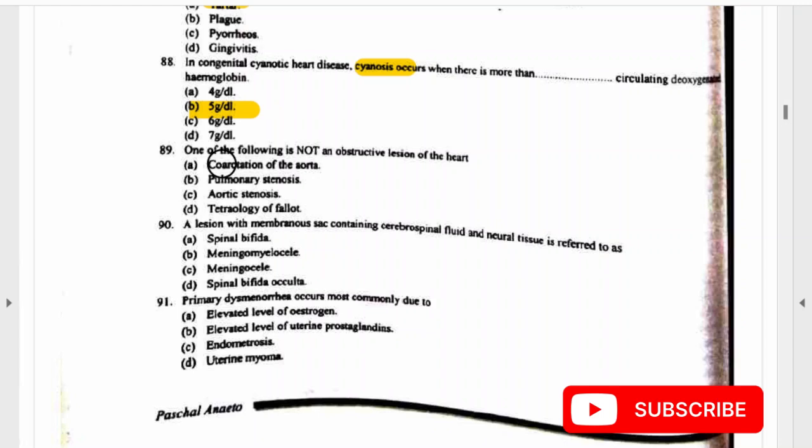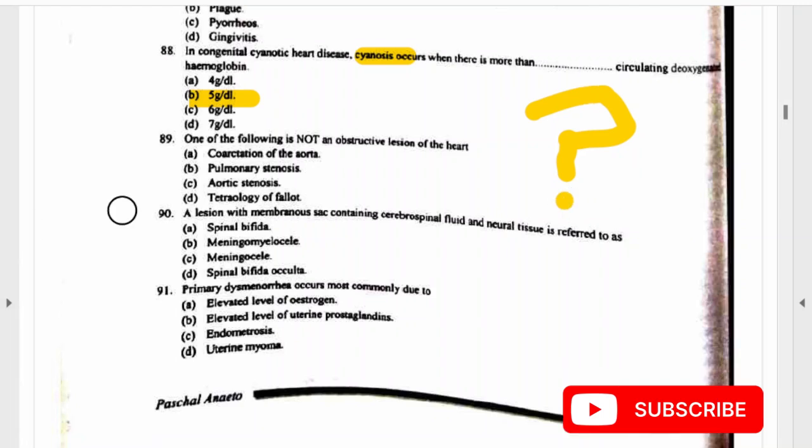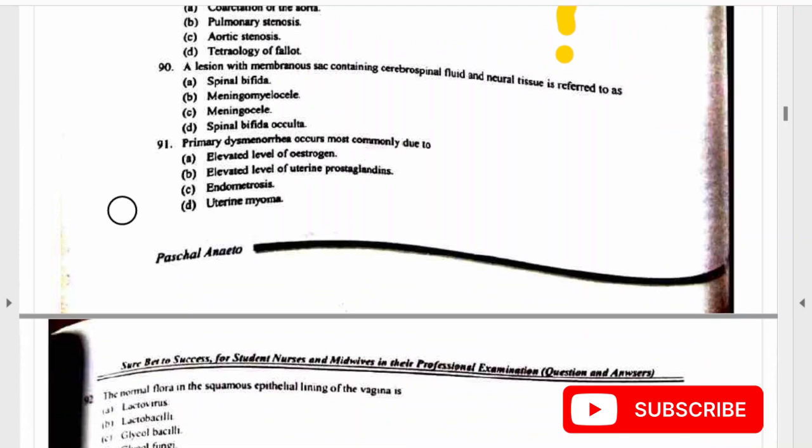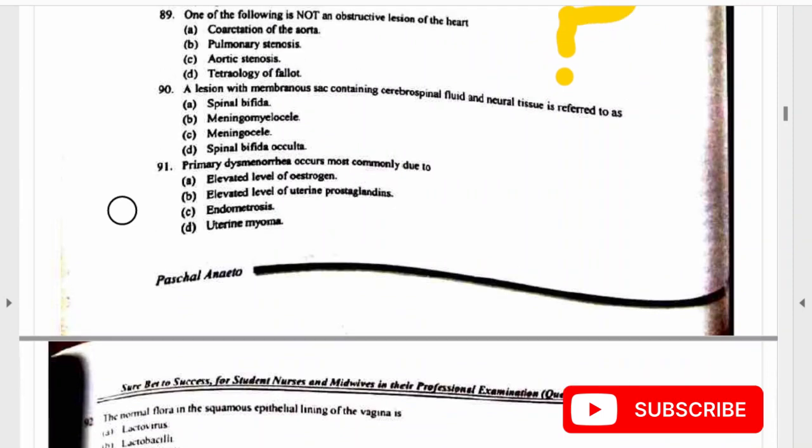Let's see. Is it tetralogy of Fallot? I'm not really sure. I'm not sure about this question, so I will leave it. Or rather, please, if you know the answer to this, can you communicate it to us in the description box below? And I would gladly love to know why you think the answer is one of the options.